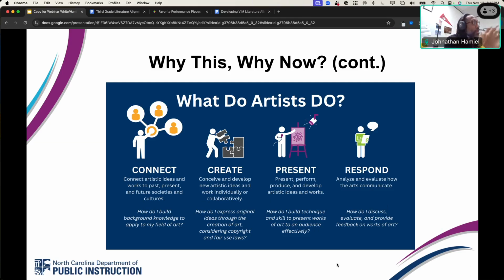We could talk about creating a visual masterpiece, or maybe a composition. Whatever the case, we are creating and we present. The present strand is basically the performance and the presenting and the concerts and what we're producing. And the response is the analyzation and the evaluation. And how do I produce the feedback for the kids to make sure that they understand?